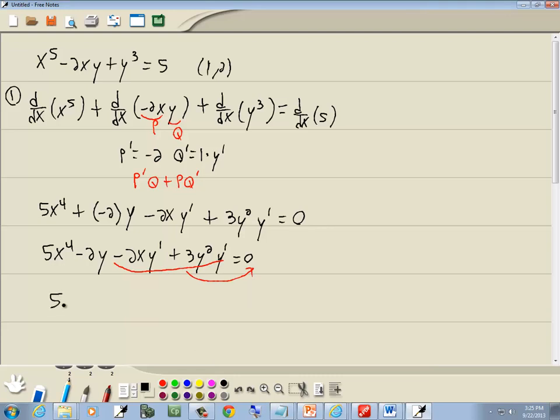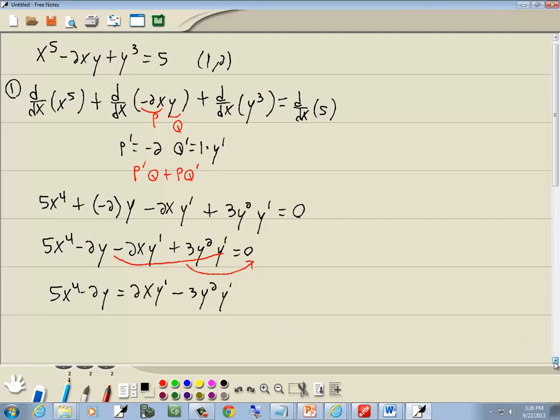So we get 5x to the fourth minus 2y equals 2x y prime minus 3y squared y prime. Again, when you take anything over to the other side, the sign changes. So my negative 2x y prime becomes positive 2x y prime, and my positive 3y squared y prime becomes a negative.